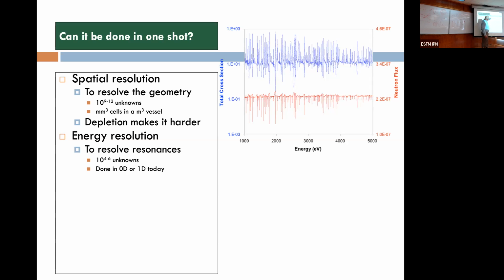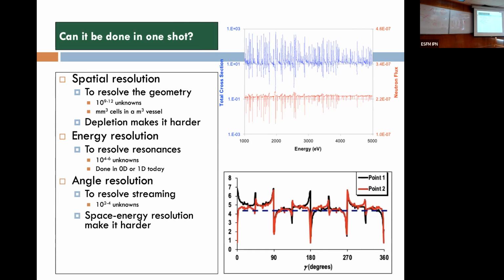If you just use, let's pick that number and make it flat, it would be a very different average cross-section. So if we wanted no approximations, then we really would need in energy 10,000 to 1 million unknowns in energy.